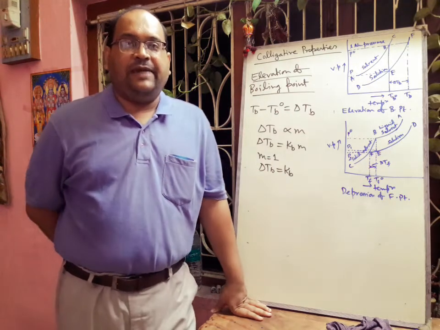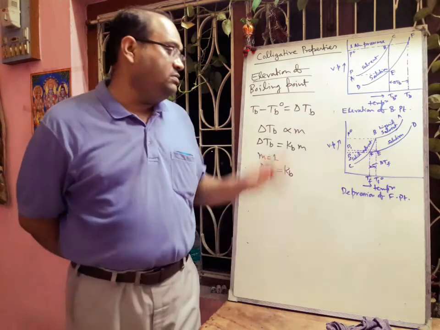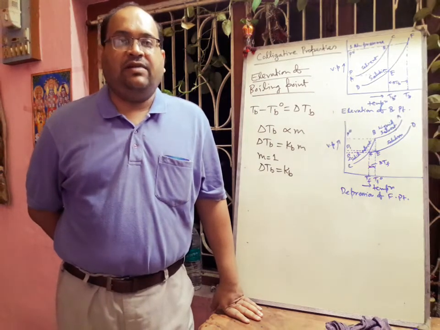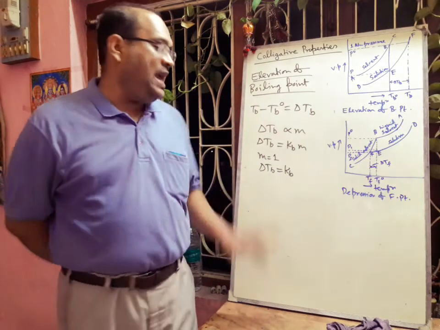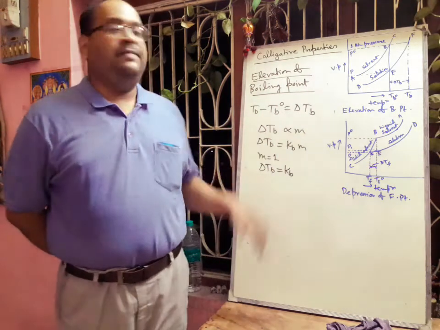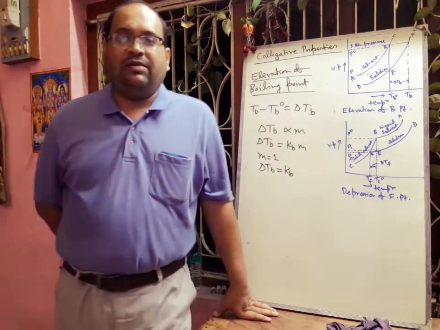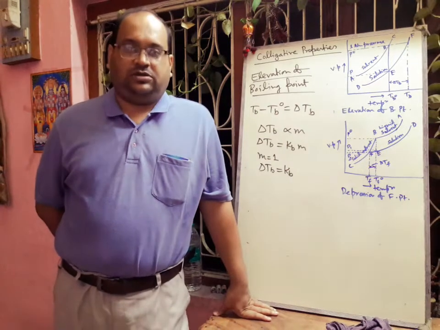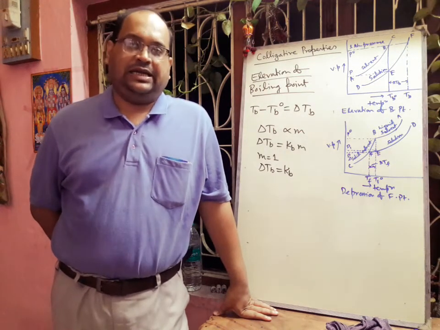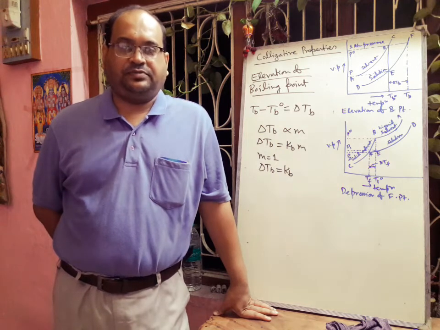The value of Kb depends upon TB0 as well as the latent heat of vaporization, and it varies from solvent to solvent. For measuring delta TB, an ordinary thermometer cannot be used. So we have to use a very sensitive thermometer like the Beckman thermometer.